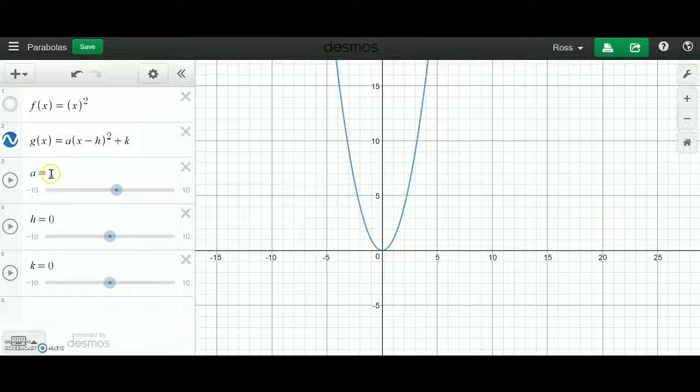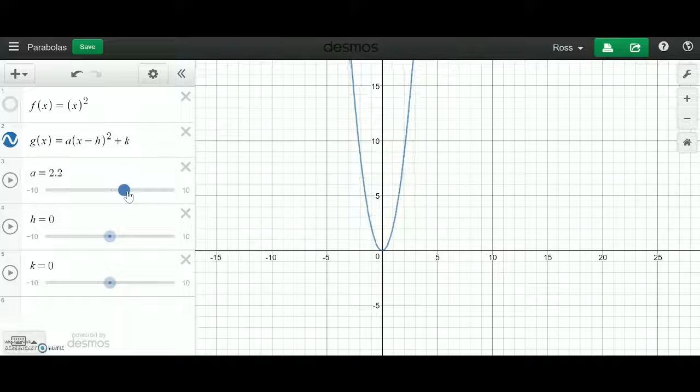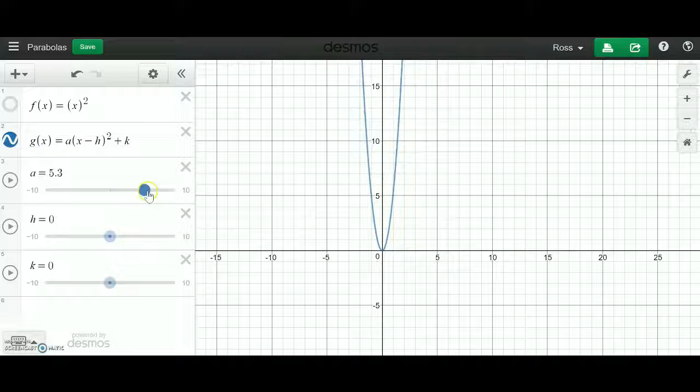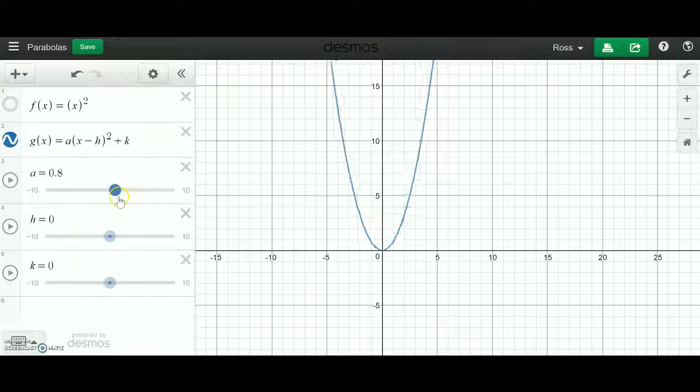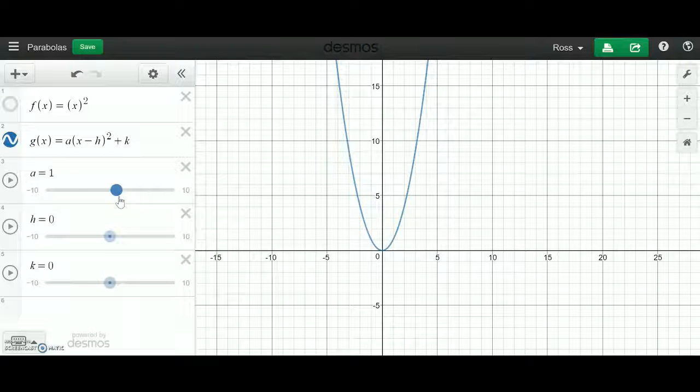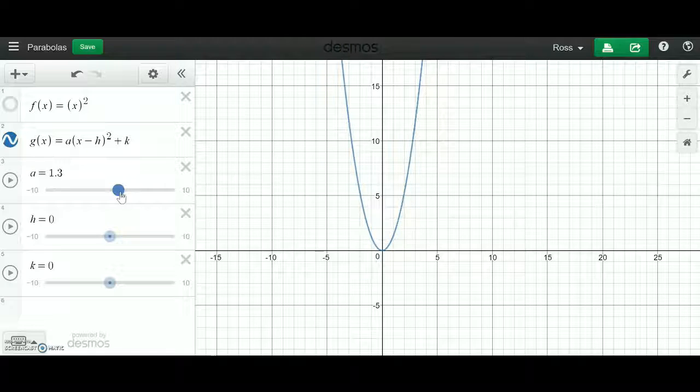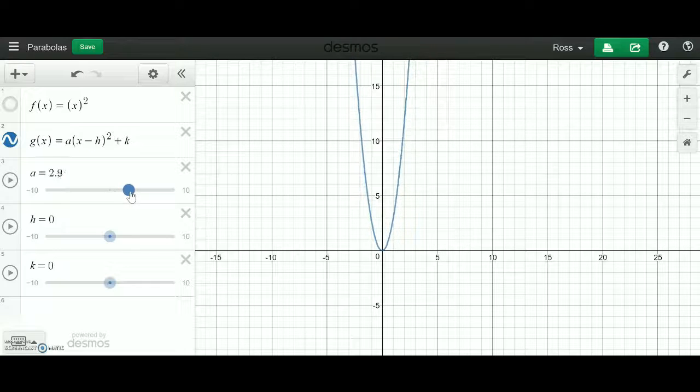Changing a, right now I have a equal to 1. If I make this greater than 1, we can see that my parabola is getting skinnier, you might say. But in mathematics, we call this a vertical stretch. You can imagine that being a rubber band. Imagine somebody pulling up on that rubber band so that it's getting skinnier, getting thinner.